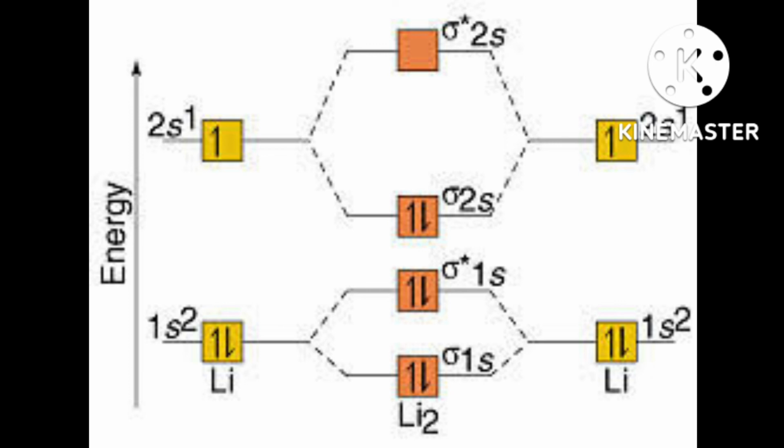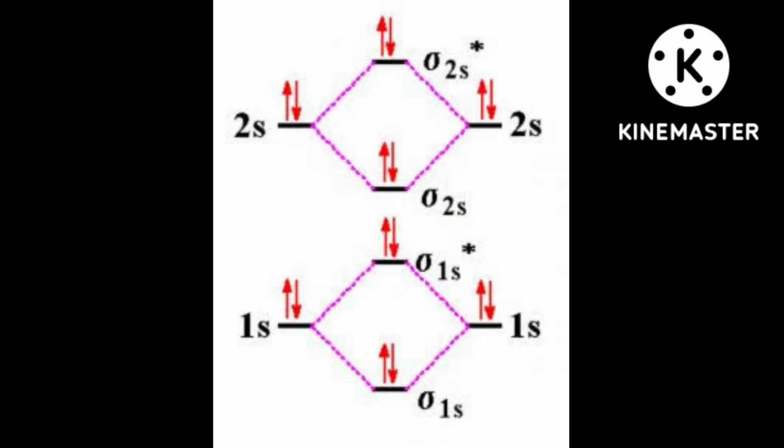Listen carefully: second row elements of the periodic table. The increasing order of energies of various molecular orbitals has been given only for O2 and F2. Okay, you understand this.